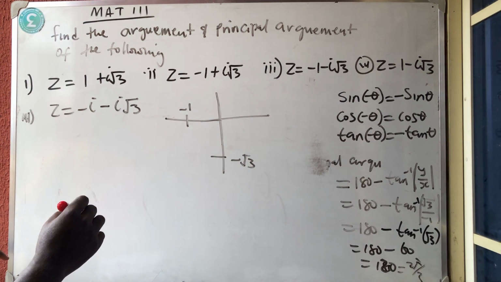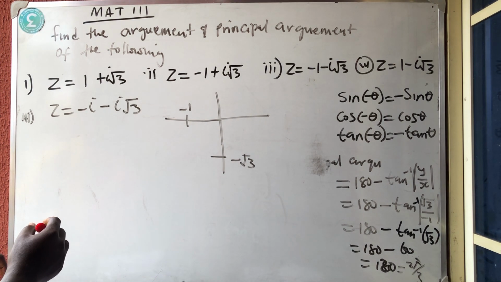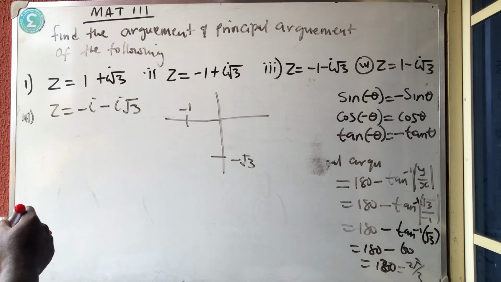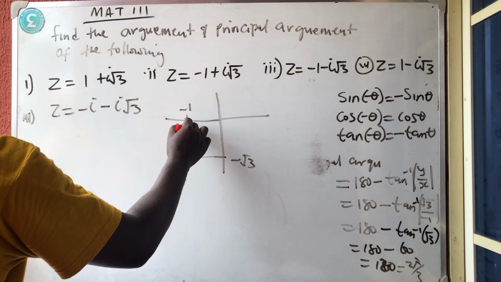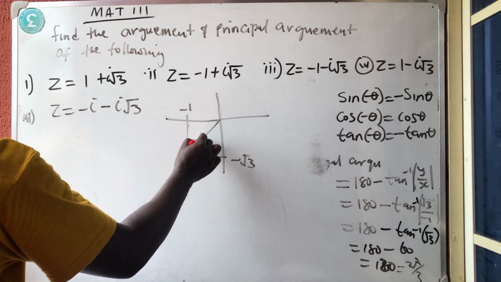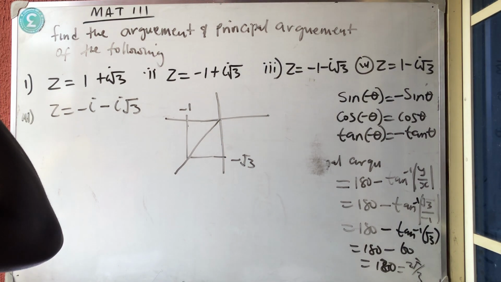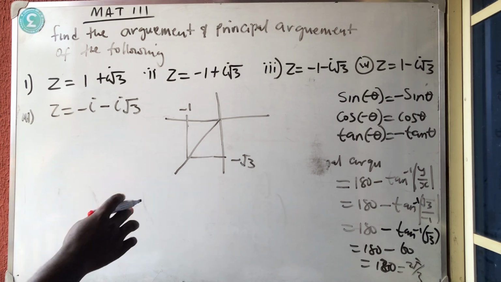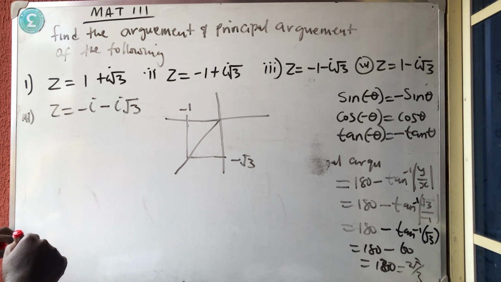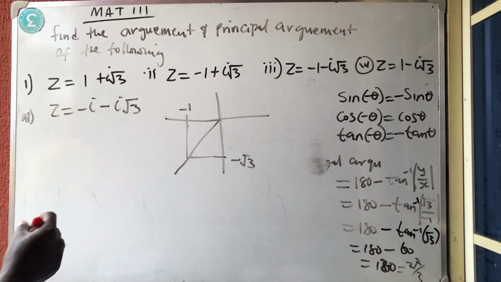If you trace them, you see they meet at the third quadrant. So for the argument, just know that you are getting anything that falls within the third quadrant.